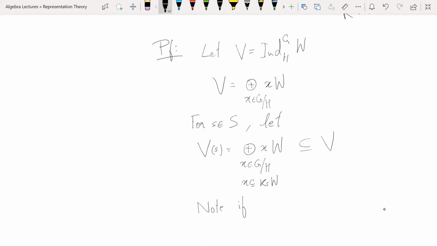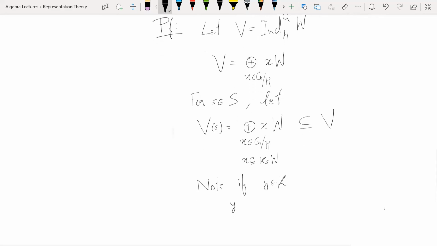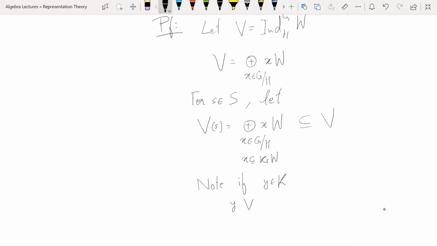If y belongs to K, then yVs is basically the sum of yxW, x in G mod H, x contained in this double coset.